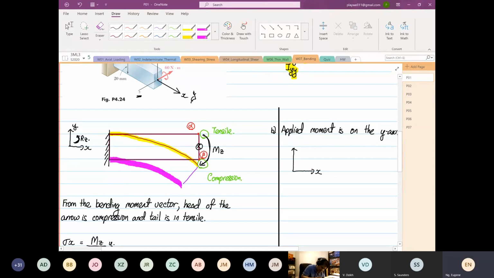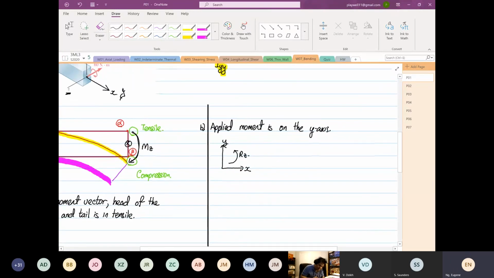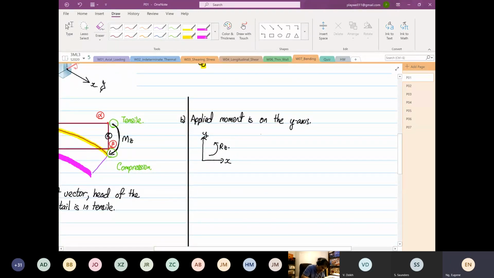So this is x, this is y, this is rotation about z. If we're going to draw the same view as before, so this is our structure now.